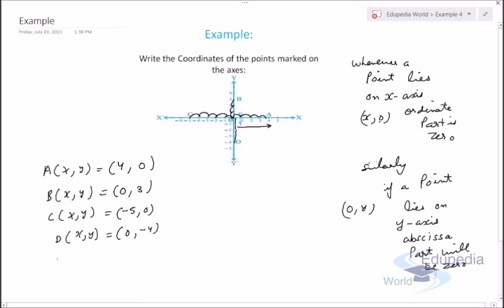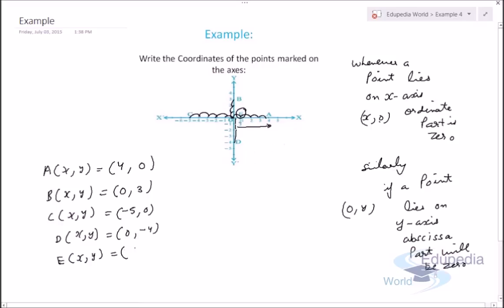Now see the point E carefully. The point E, x y, lies on the x-axis, but the point is given as 2 by 3. So it's not an integer, and we have to write the number like this only. The point E lies on the x-axis, so the ordinate part will be 0.